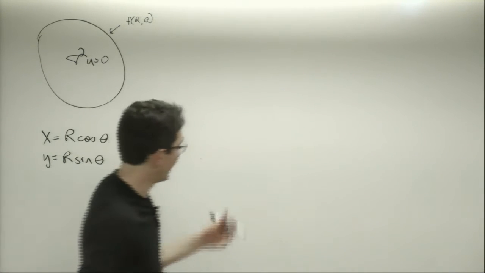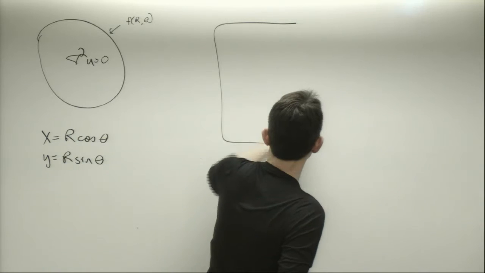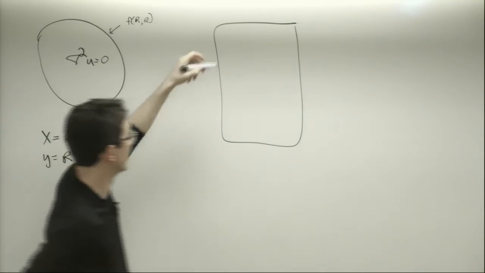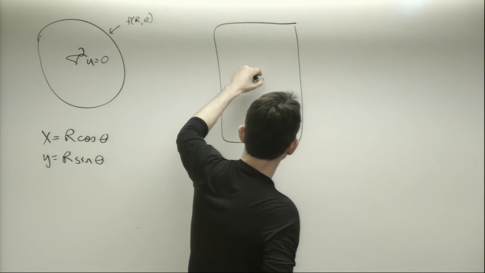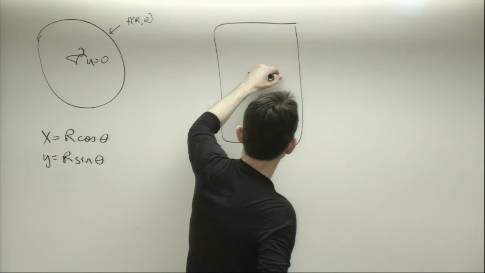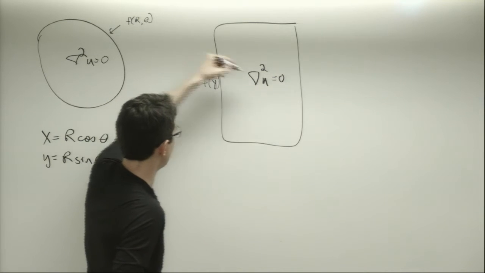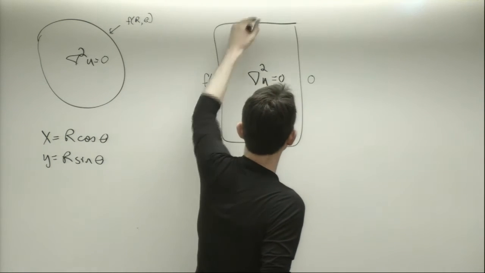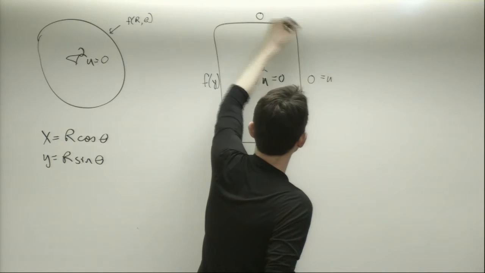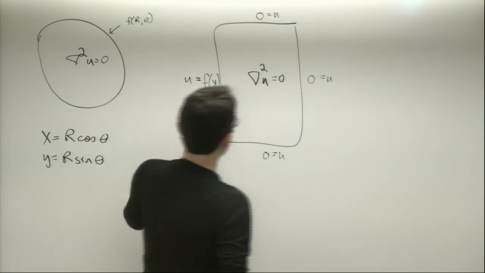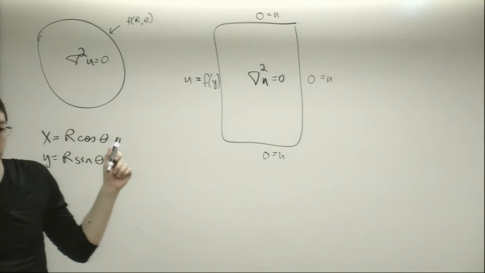Other kinds of things I might ask would be looking back at the rectangular thermal equilibrium problem. So again, we're dealing with Laplace's equation. And we had some boundary condition, some temperature on the left side, and then 0, 0, 0. What would be a simple way of changing this problem up?